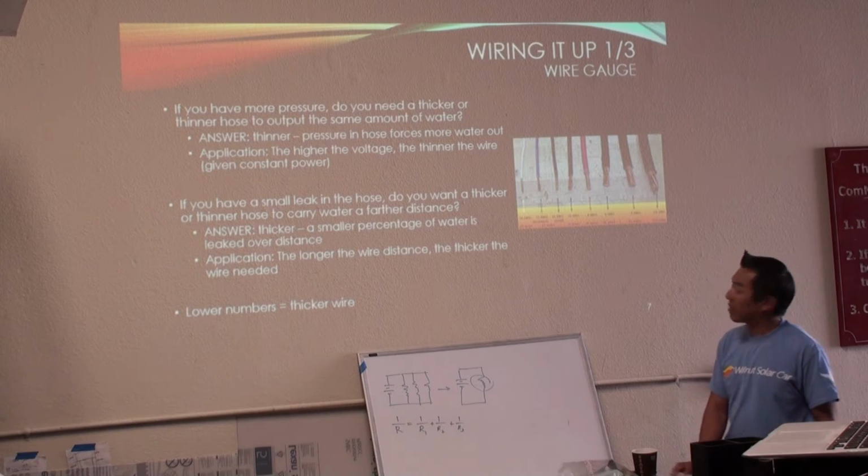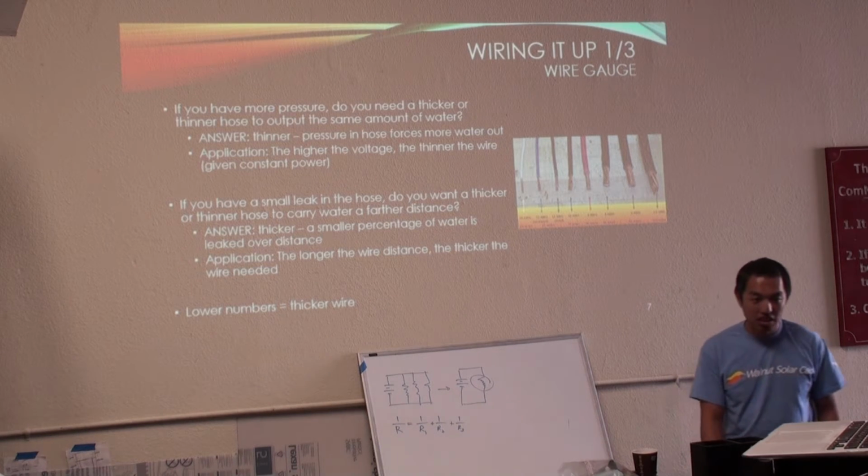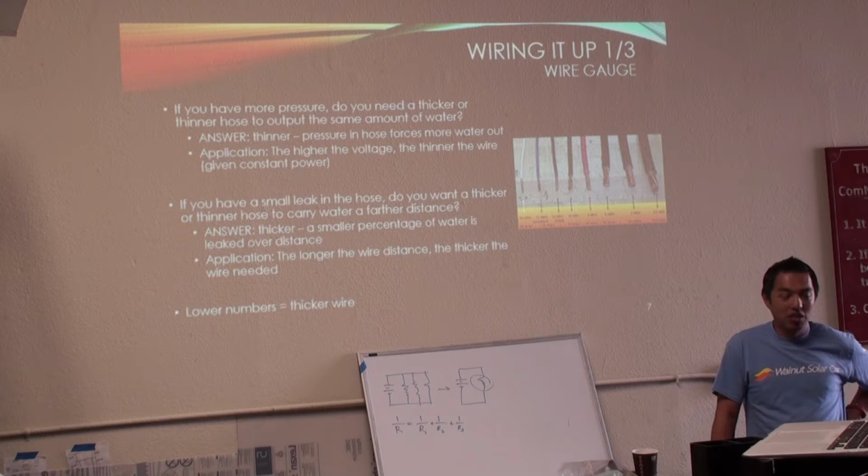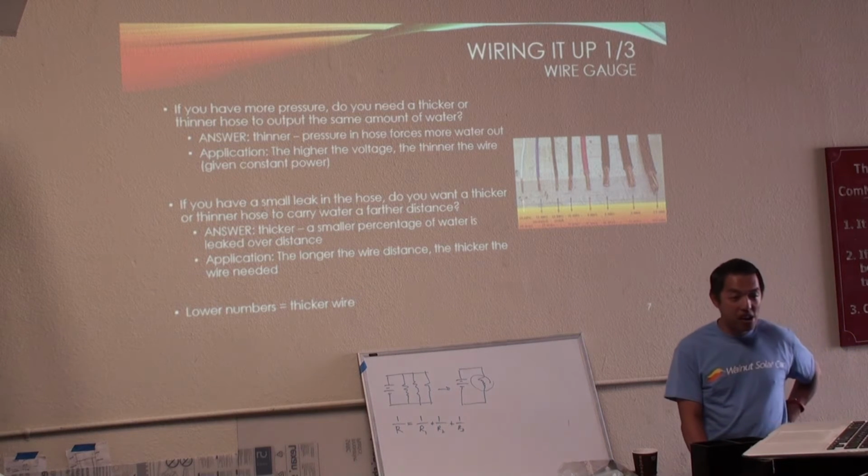Do you want to explain what P equals I squared R is? P equals I squared R is just the same as P equals IV. Does that explain the higher the voltage, the less current you need?